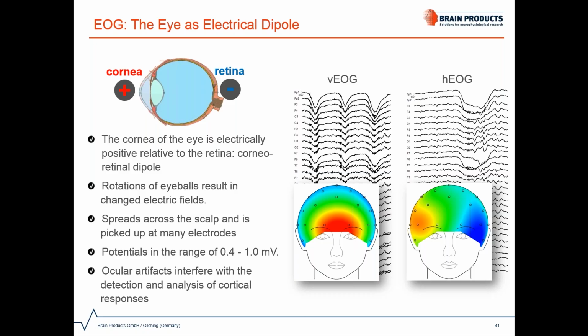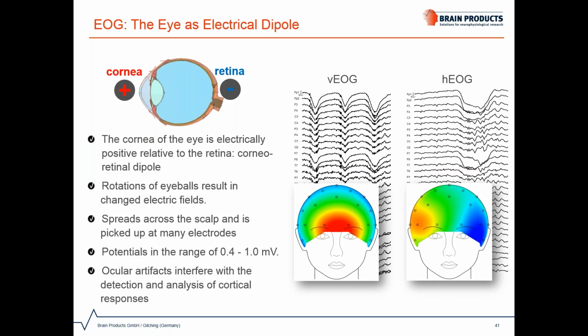The horizontal activity is rather boxcar shaped and has this rather dipolar topography, whereby, as you remember, the polarity of these topographies is arbitrary. So it could also be that you see the negative colors here and the positive colors there, and also the other way around.